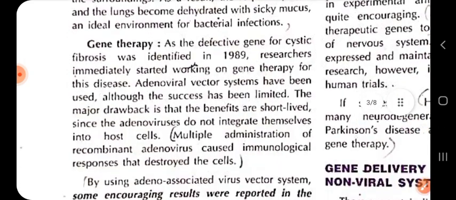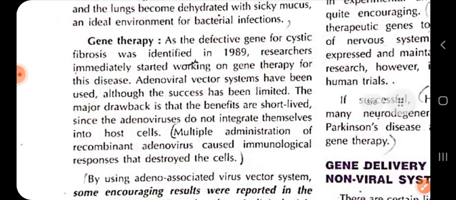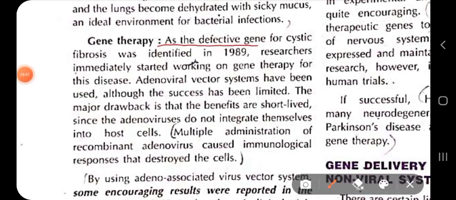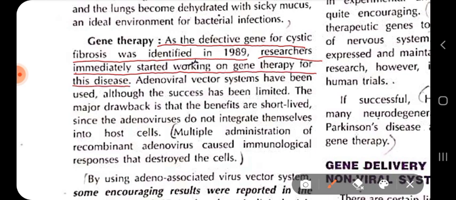Now, how gene therapy for cystic fibrosis is carried out? As the defective gene for cystic fibrosis was identified in 1989, researchers immediately started working on gene therapy for this disease because this disease is very dangerous.